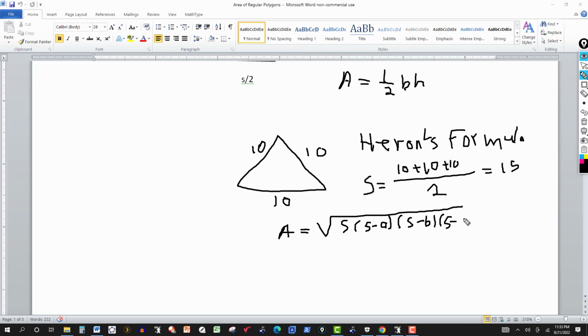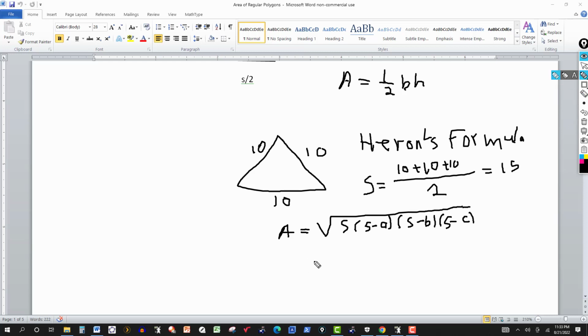S minus C. So all you're taking is adding the sides, dividing by 2. You're taking the square root of S, and then times S minus one side, times S minus the other side, times S minus the third side. Compute that and then take the square root.